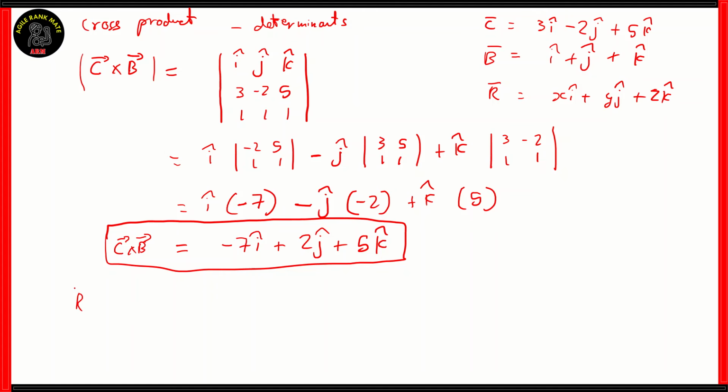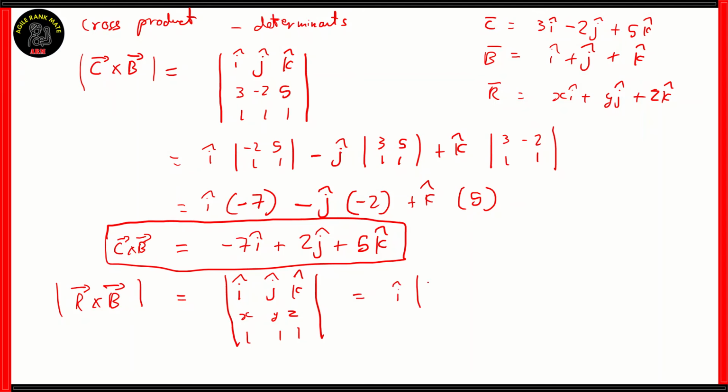Now we're going to find out the determinant for R cross B. The modulus of R cross B is a determinant containing i j k, x y z, and 1, 1, 1. So when you solve for that, you're going to get i times the determinant y z 1 1, minus j times x z 1 1, plus k times x y 1 1.